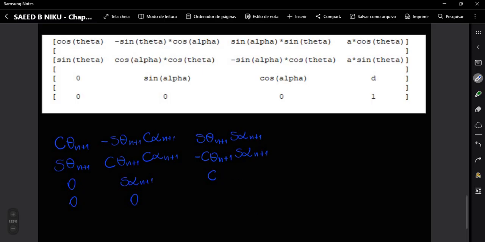Again, always remember this n+1 is the index. 0, a index n+1 times cosine of theta index n+1, and a n+1 times sine of theta n+1, and d index n+1 and 1.